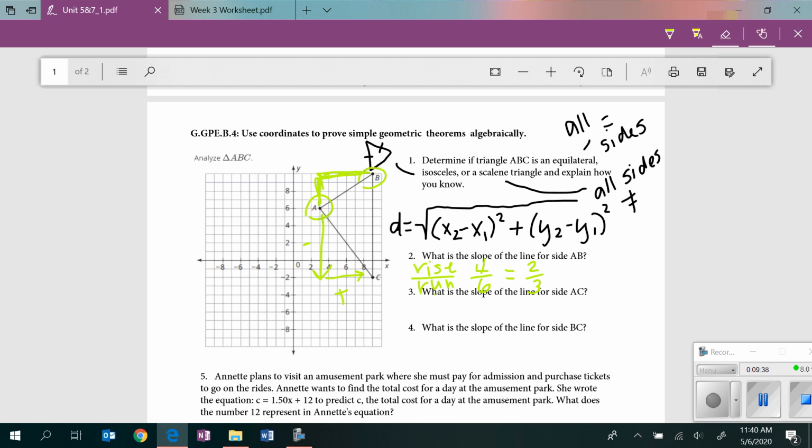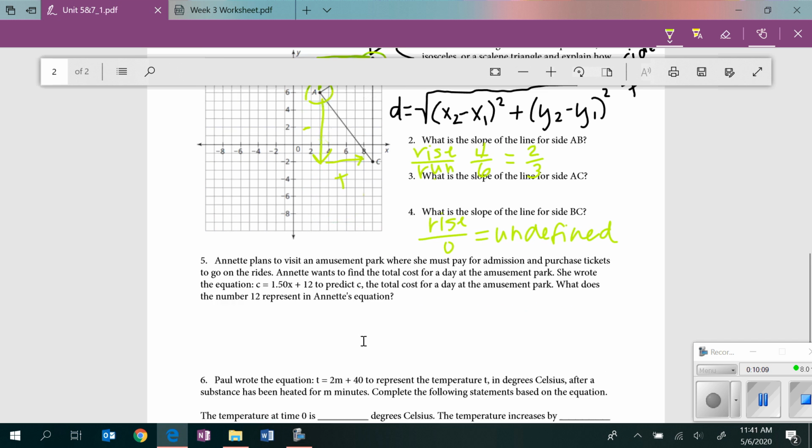Rise over 0. Anything divided by 0 is undefined. So remember that any straight line going up and down is an undefined slope. Horizontal lines going left to right are zero slopes, because then you'd have zero rise but a lot of run, and 0 divided by anything is 0.